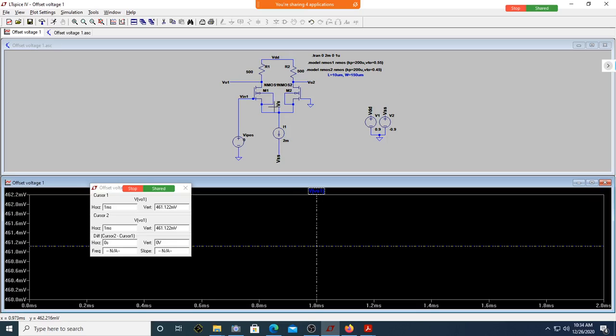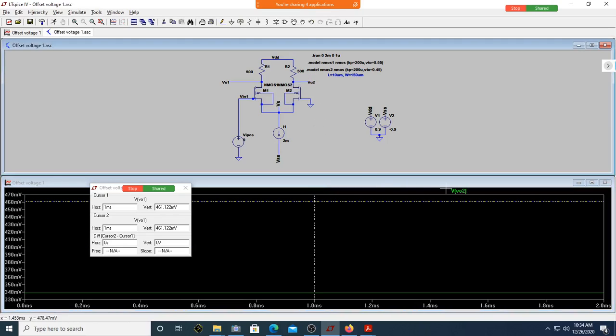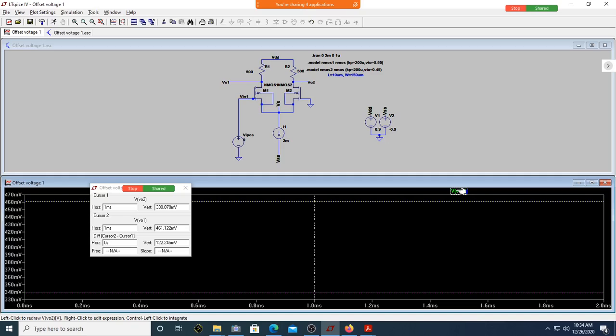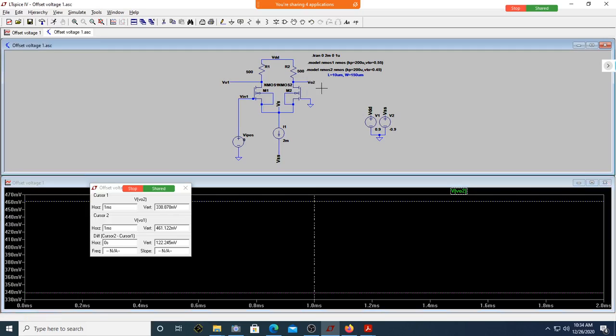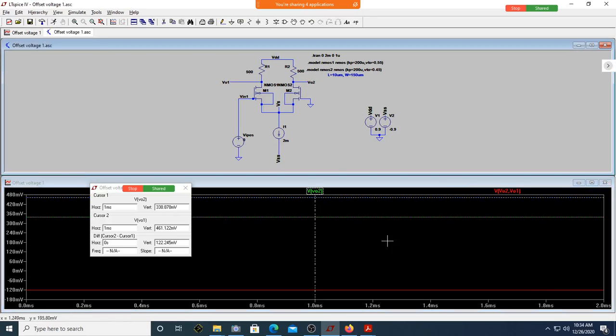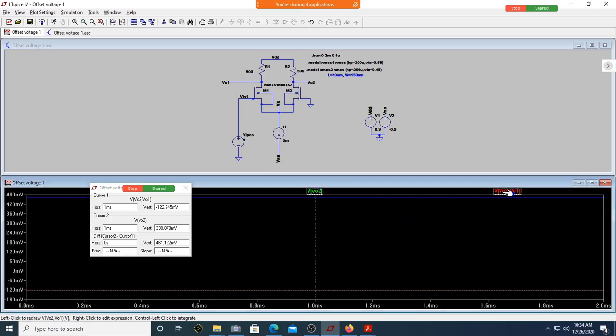The other one is 338.8 millivolt. The difference, VD2 minus VD1, is minus 122 millivolt.